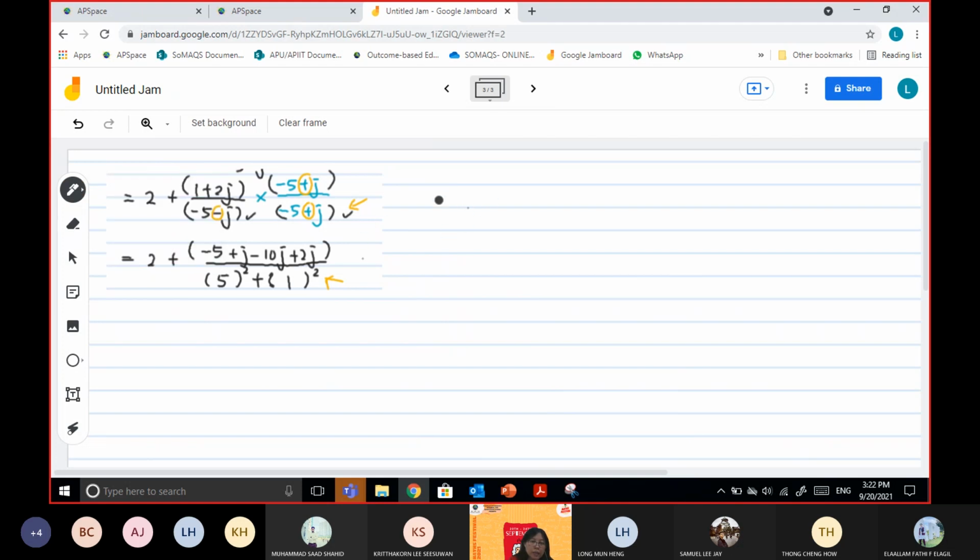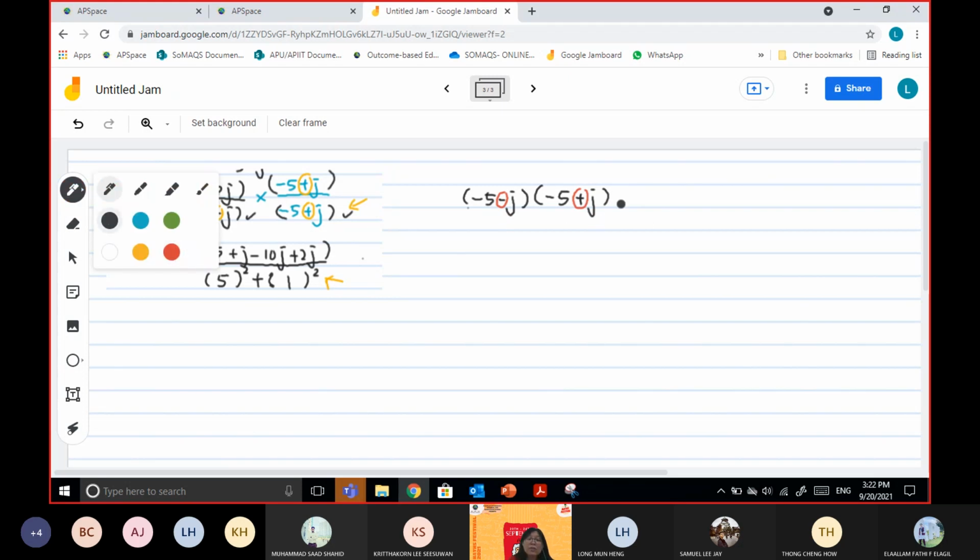When we take minus 5 minus j multiplied with plus 5 plus j, it is actually a complex number multiplied with its complex conjugate, because they have opposite signs for the imaginary part. So that's why we say the multiplication of the complex number and the complex conjugate.